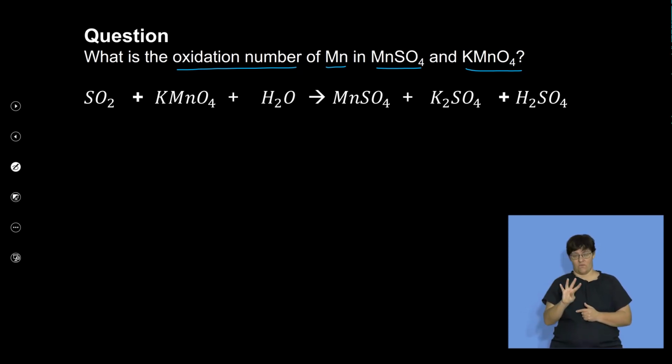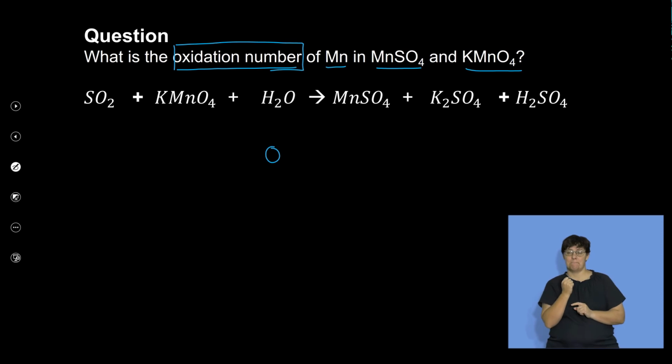But because the focus is on oxidation numbers, this takes us to the rules of assigning oxidation numbers. So in potassium permanganate, here we are. We know that the total for a compound, which is a pure substance, is equal to 0. So let's use the oxygen, which has a unit oxidation number of -2.